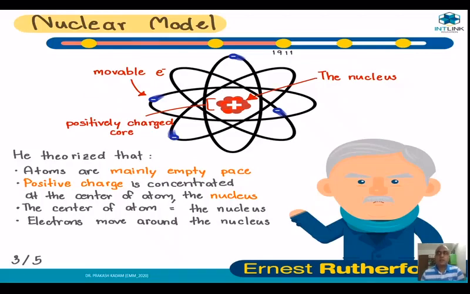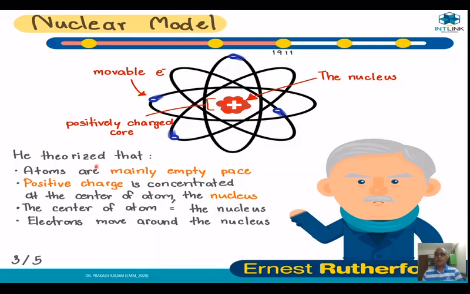In the last two models we already covered, we cleared these models. The third model was discovered by the scientist Ernest Rutherford, and the model name is the nuclear model. In the year 1911, he discovered this model.